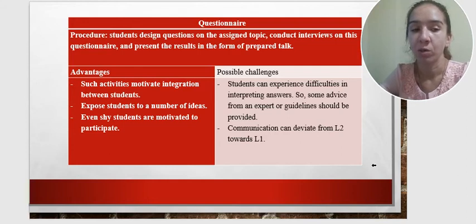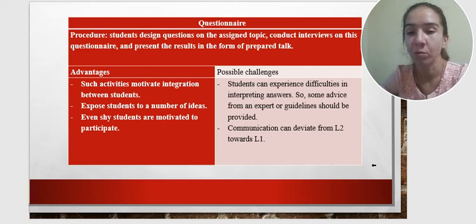But as I said, it's a burden on a teacher to organize these activities, to prepare necessary handouts and materials, and to create a welcoming environment in the classroom so the students can express their ideas freely and enjoy the class.